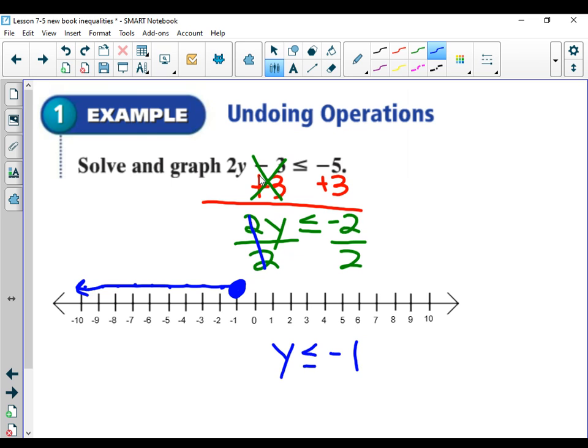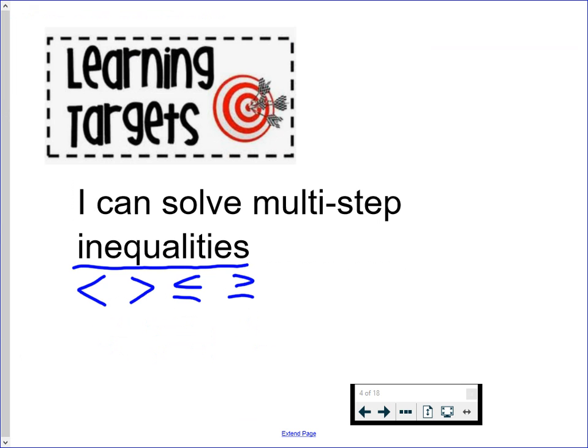Okay. Anytime I have the less than or equal to or the greater than or equal to, that is going to be a closed dot. Does anybody need to write this on the top by their learning target?